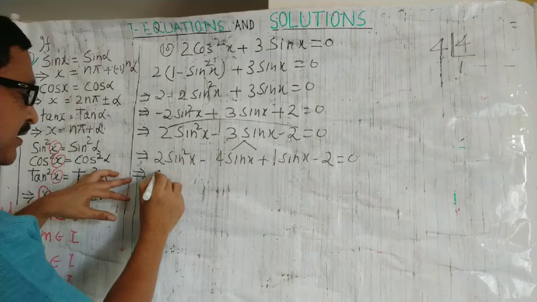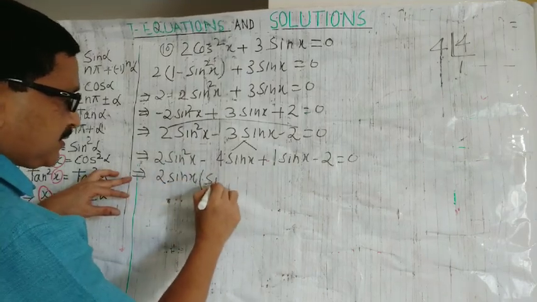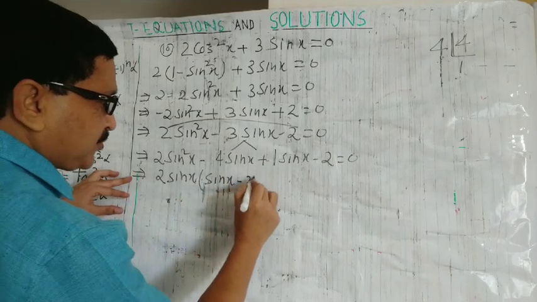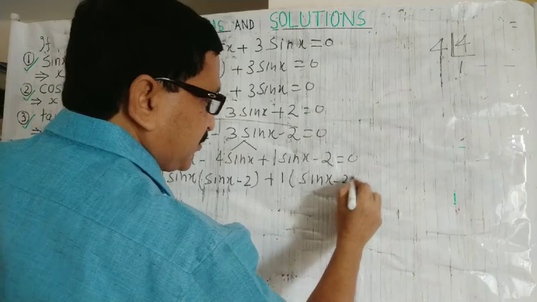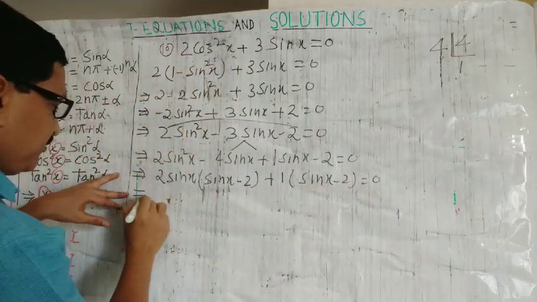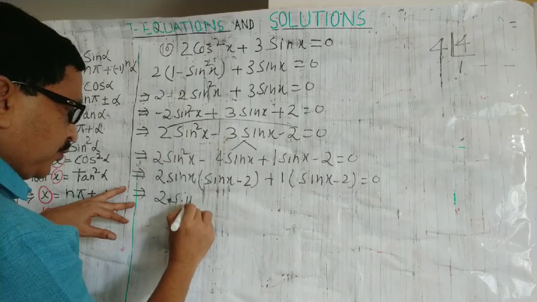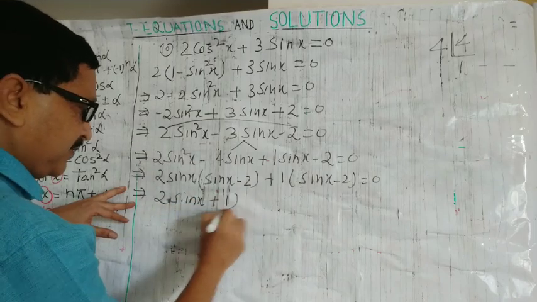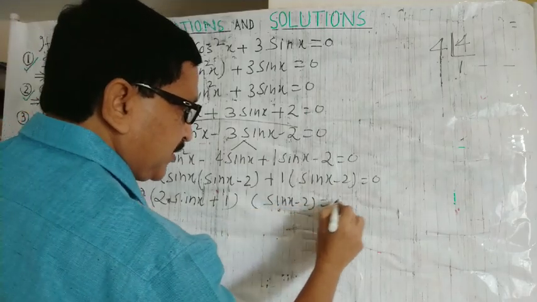Now just see, 2 sin x common, sin x minus 2, plus 1 common, sin x minus 2, equals 0. So this is equal to (2 sin x plus 1) into (sin x minus 2) is equal to 0.